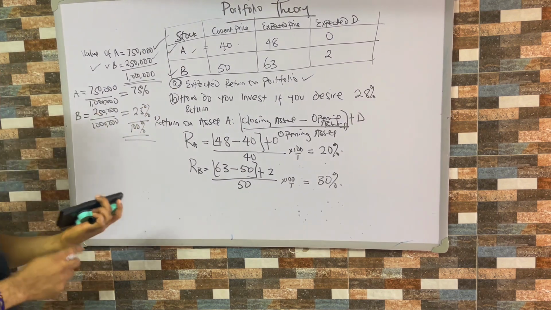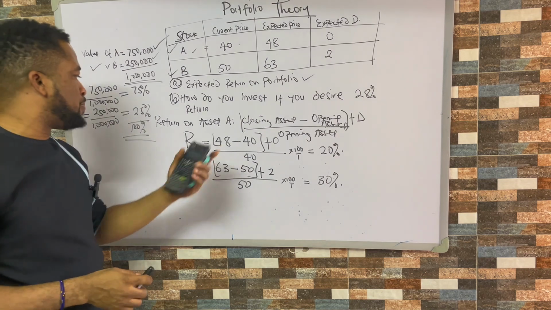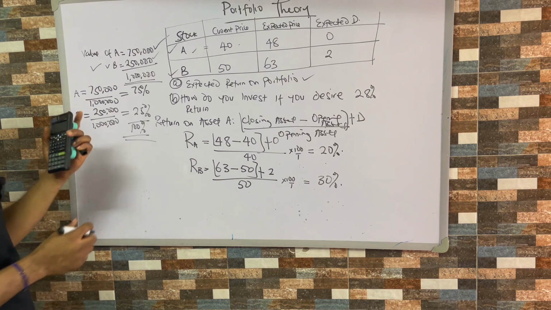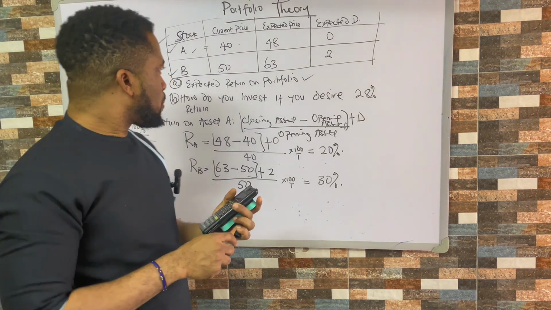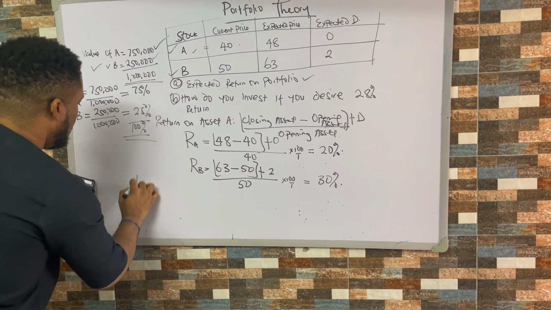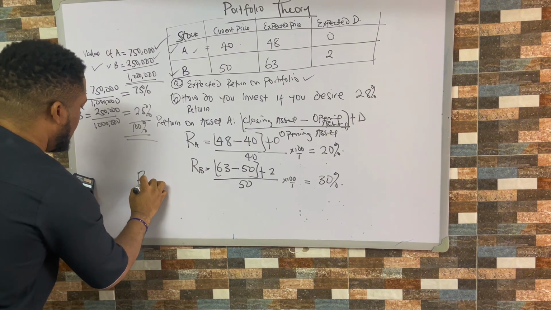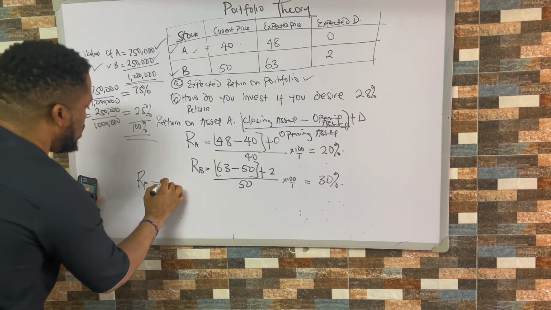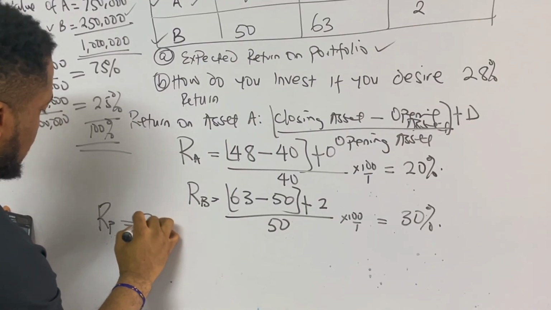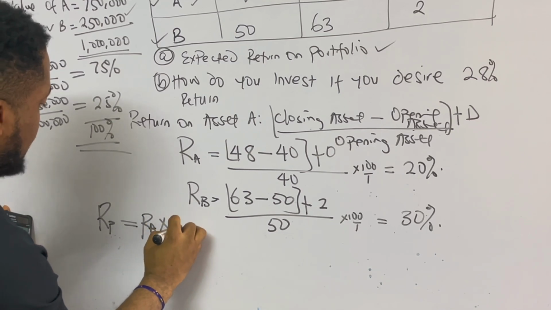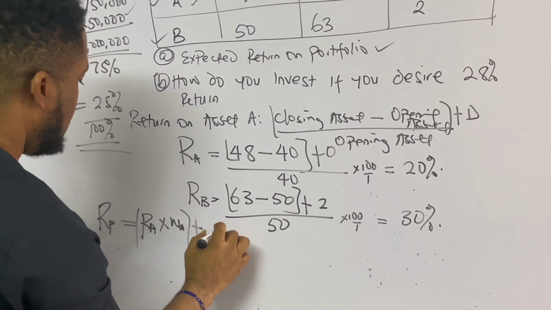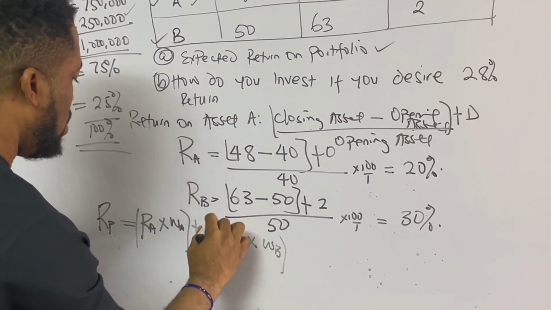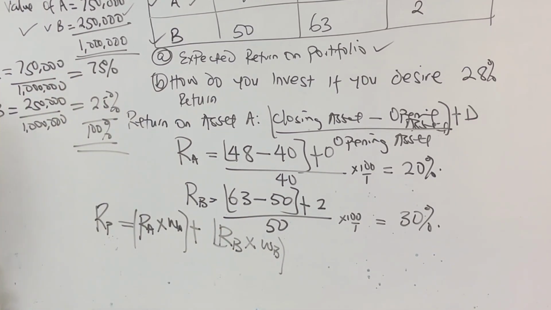All right, so now we have our weight and we also have the return for each of these assets. Where you have 2 assets, the return on portfolio, which we are referring to as total return now, equals return of A multiplied by weight of A, plus return of B multiplied by the weight of B. That's all we're doing, and you don't have to think twice.